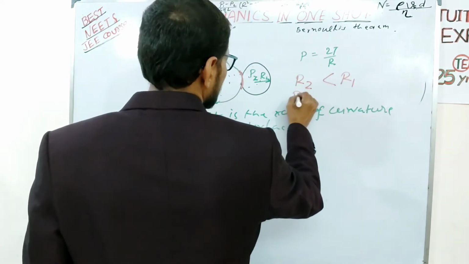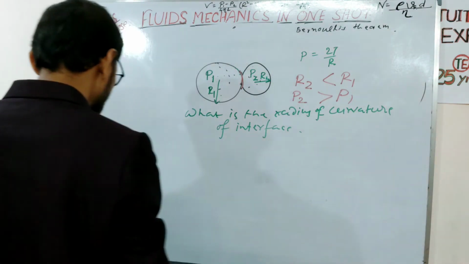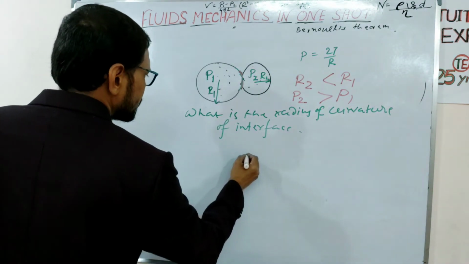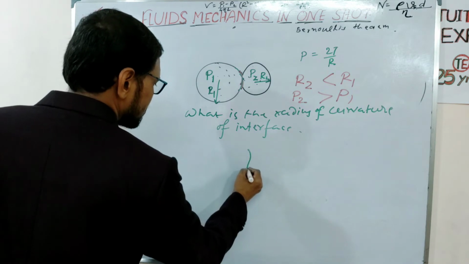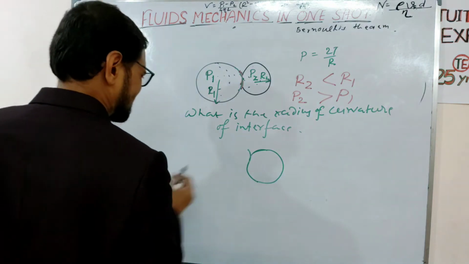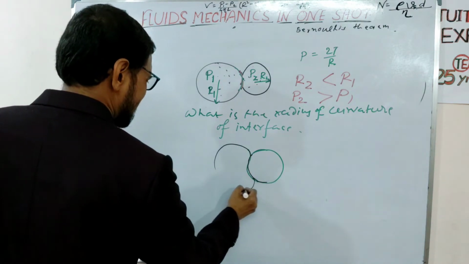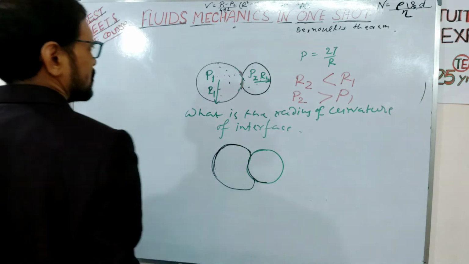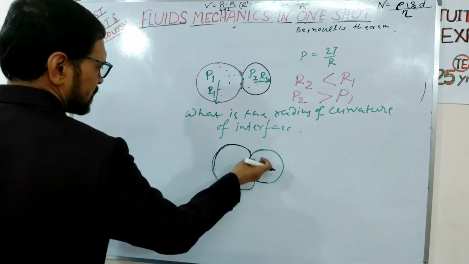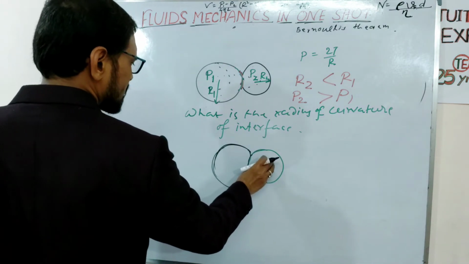so pressure P2 is greater than P1. So this pressure is more than this pressure. Due to this combination, at this point the interface will curve this way, because the liquid with P2 has more pressure than this liquid.